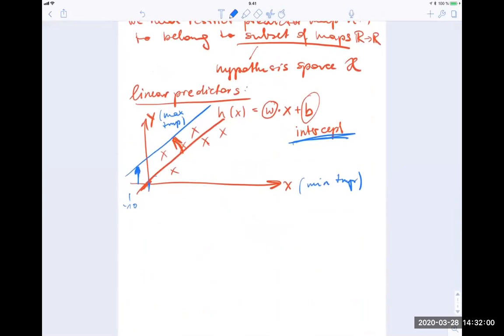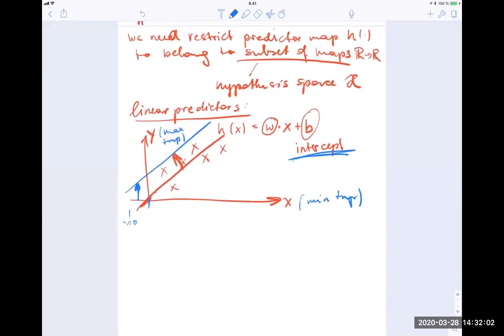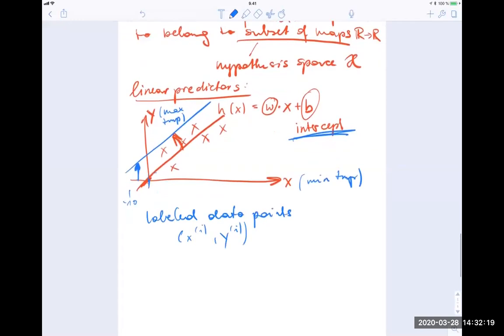Okay, so now that we have these 3 components, which are labeled data points x, y, so with feature x, y, and label value yi, we have chosen a hypothesis space by using only functions of the form weight times the feature plus some intercept term.